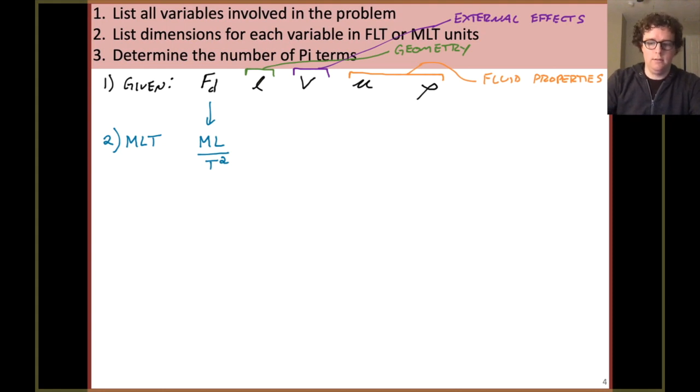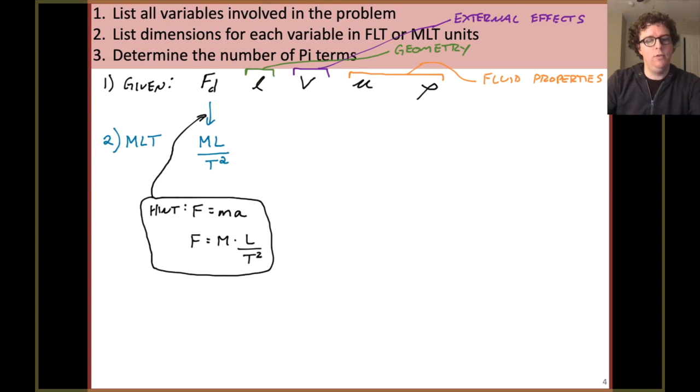So a force, I'm representing it here with a mass multiplied by a length per time squared. And again, I always remember conversions between F and M by remembering F equals ma, force equals mass times acceleration, and I always have to write that down to get my units correct. Length is easy, that's just a length scale.